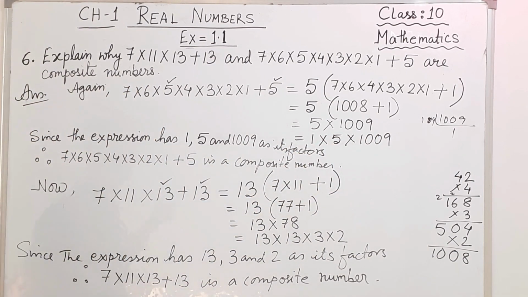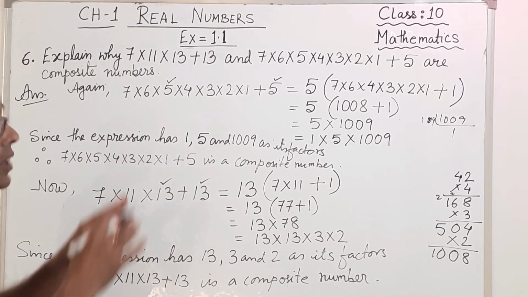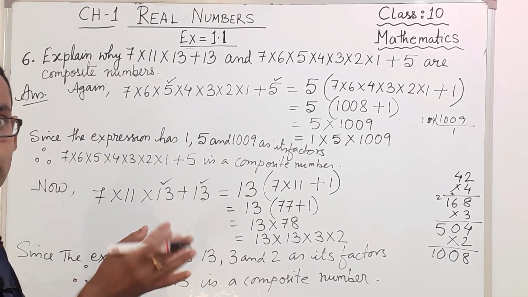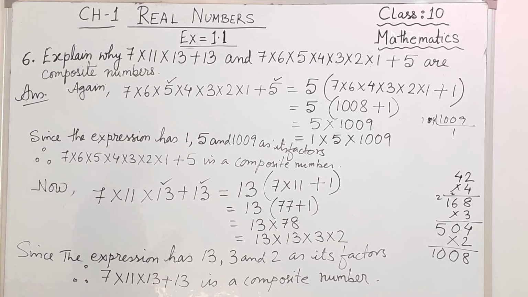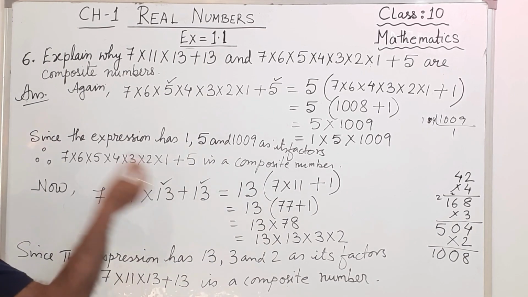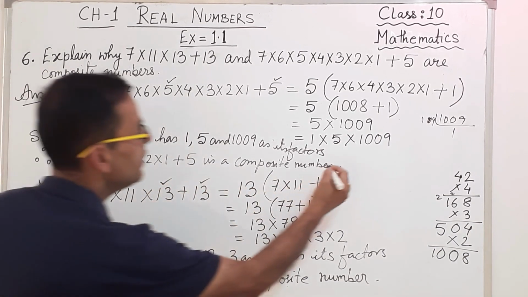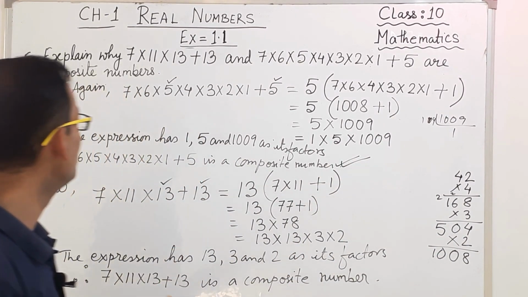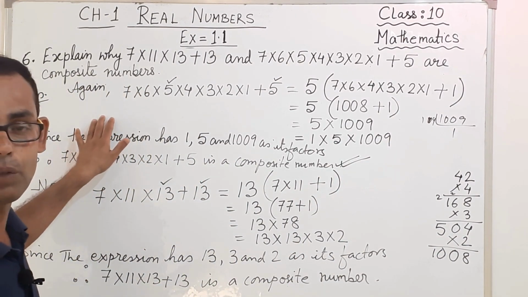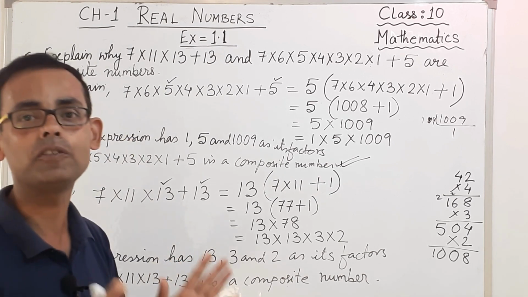That also will be another factor, because it is the whole number, the full number. So it has more than 2 factors, and when it is more than 2 factors, then obviously it is a composite number. I think you have understood the sum, question number 6 as well as question number 5.